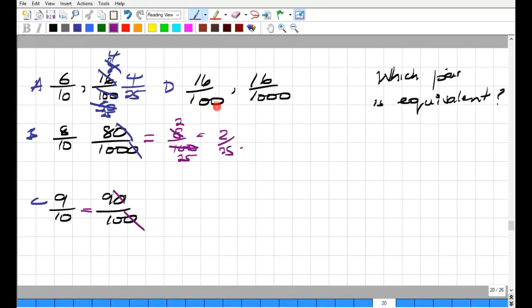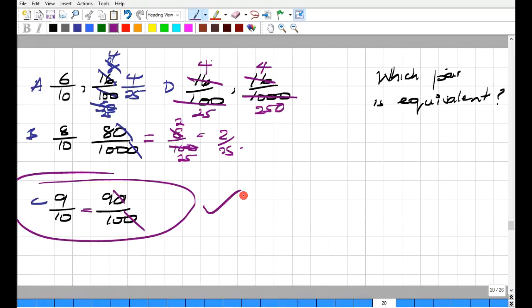We have 16 over 100 and 16 over 1,000. 4 into 16 would go 4 times. 4 into 100 goes 25 times. 4 into 16 goes 4. 4 into 1,000 goes 250 times. Not equivalent.